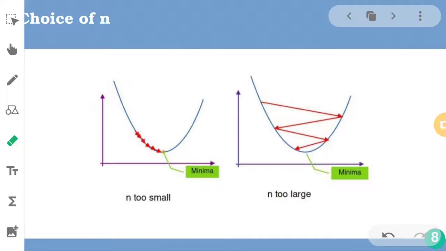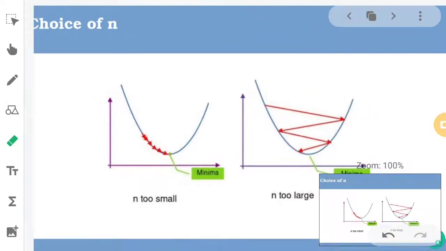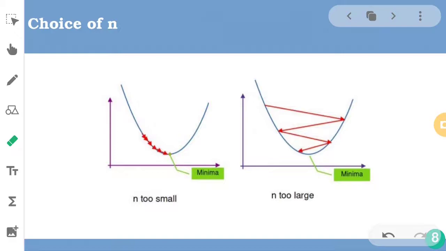Now, choice of n. If n is too small, then gradient descent is very slow, and if it is too large, then the point moves from here to here, then here, then here, which escapes the minima. So you can't find the minima, and maybe it becomes an infinite loop.